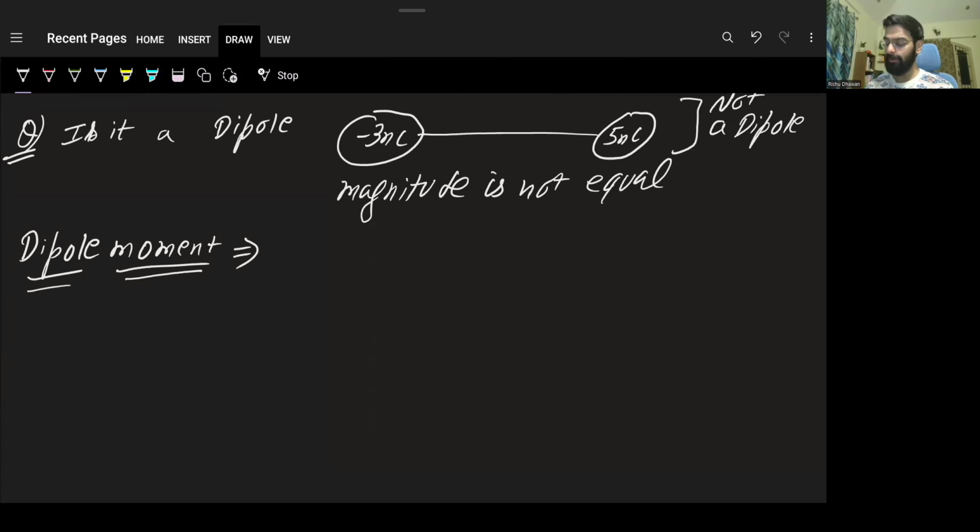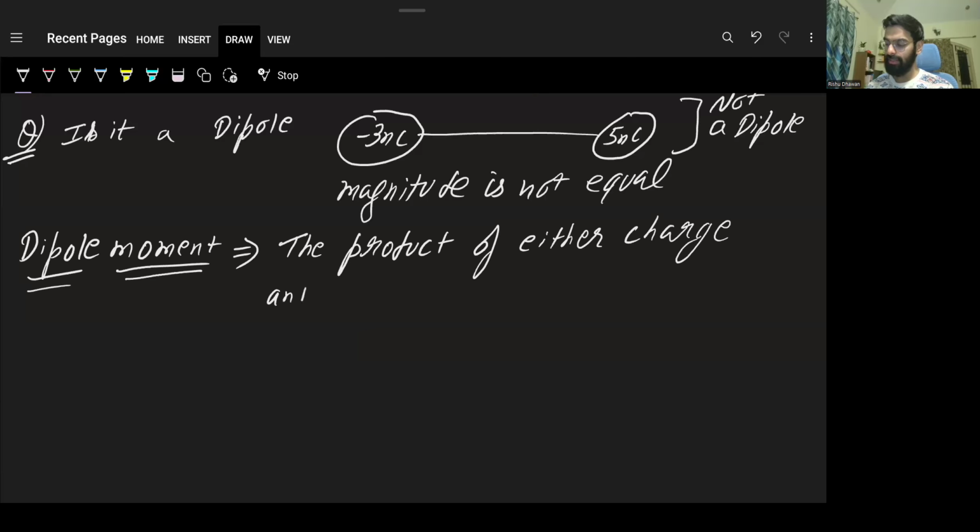So first, dipole moment: the product of either charge and the separation between the two charges.